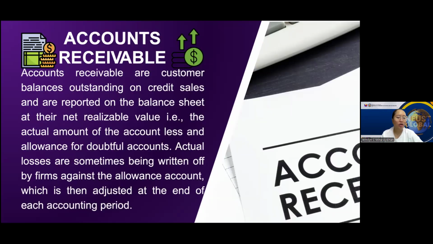A furniture store has $5,000 in sales on credit but expects $500 may not be collected. So accounts receivable $5,000, allowance for doubtful accounts $500. The net realizable value, $5,000 minus $500, is equal to $4,500. This represents the amount the store expects to actually collect.